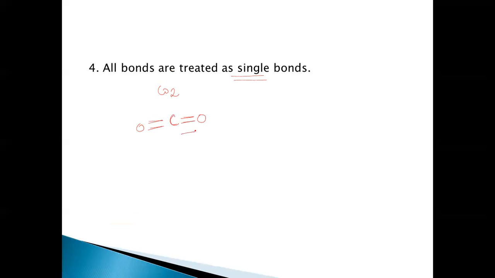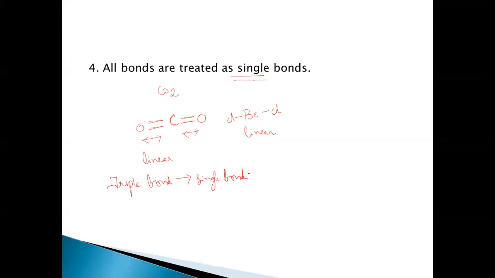They are treated as single bonds in order to arrive at the shape of the molecule. For BeCl2, the shape is also linear, and the shape of the next molecule is also linear, where we consider double bonds or triple bonds, any multiple bonds, as a single bond according to this VSEPR theory. This is the main postulate of this theory.